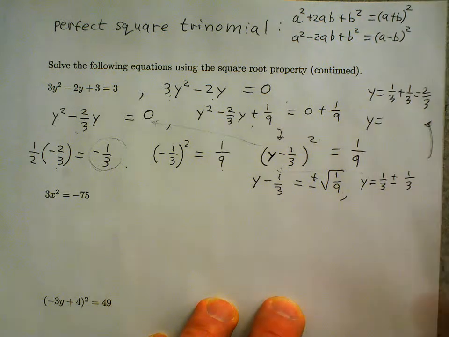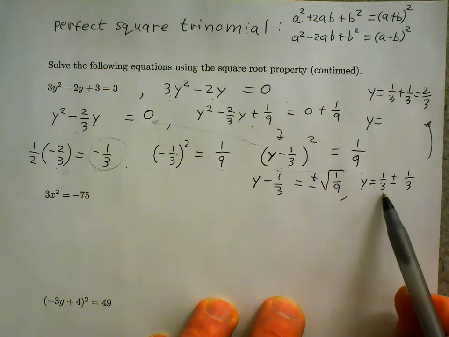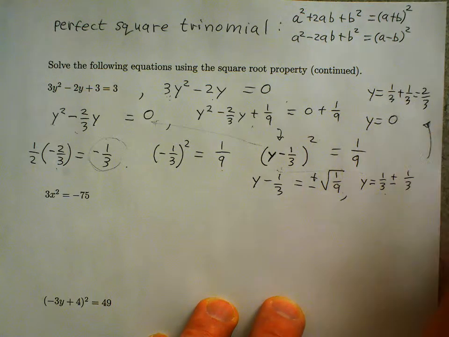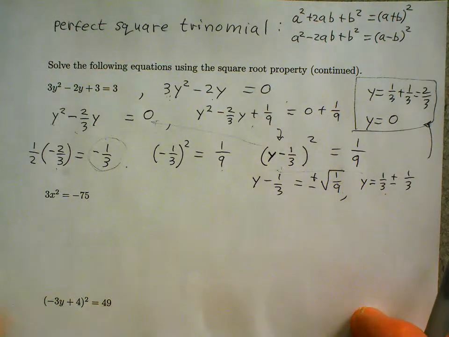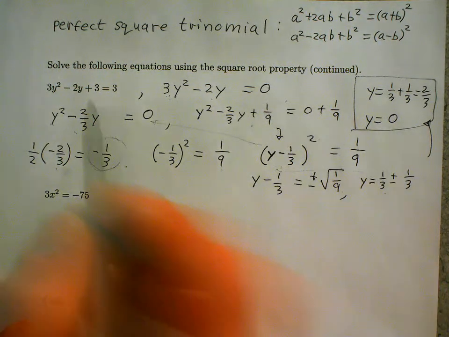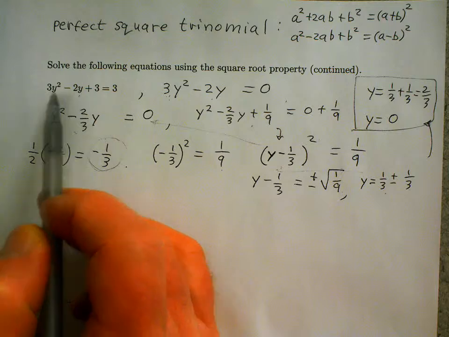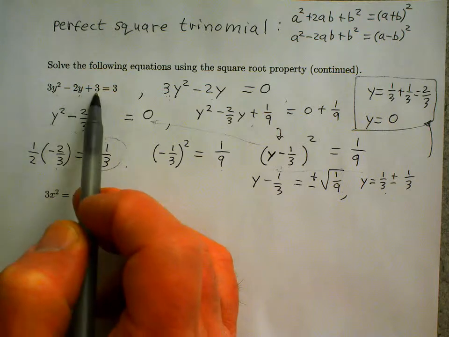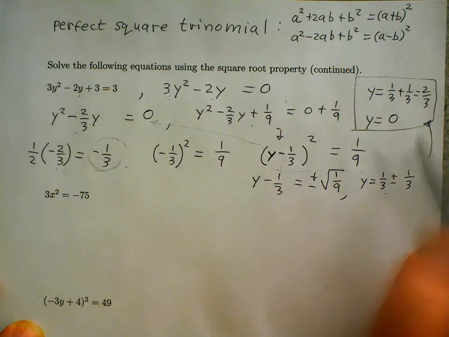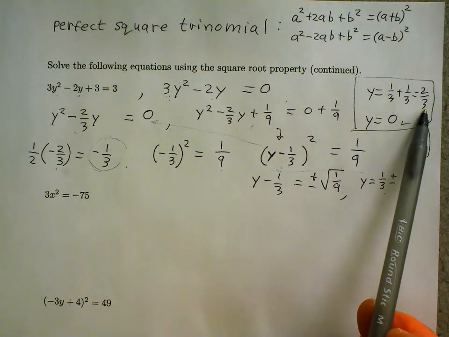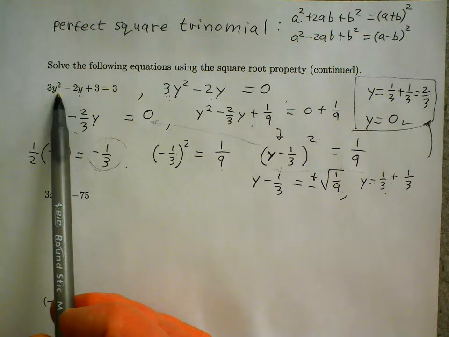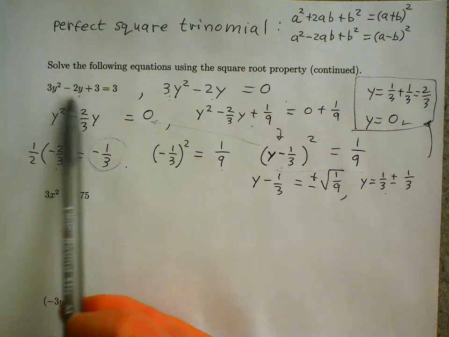And the other solution is y equals 1/3 minus 1/3, which is y equals 0. We can tell by looking that when y is 0, we get 3 equals 3, so that's definitely a solution. And then if you want to check 2/3, replace every y with 2/3.